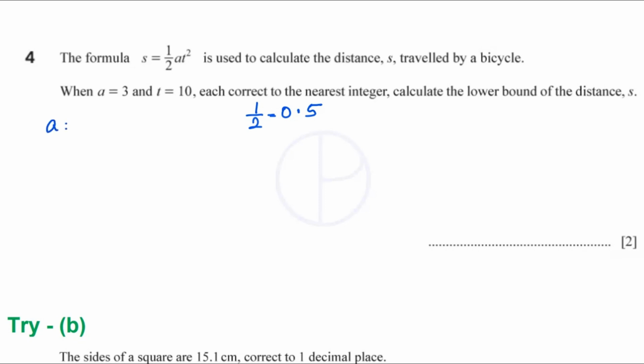So what is the A value? 3 plus or minus 0.5. And T is 10 plus or minus 0.5. And S is equal to 1 over 2 AT square. We require the lower bound of S.